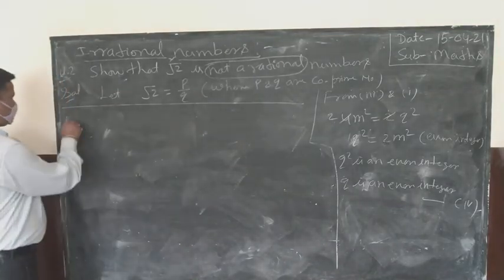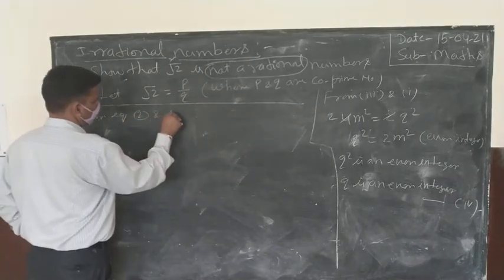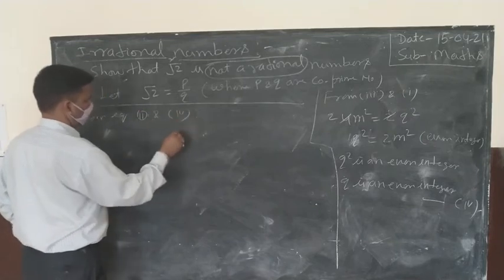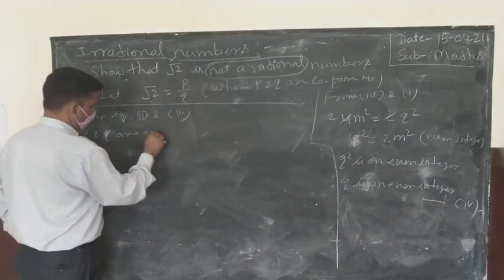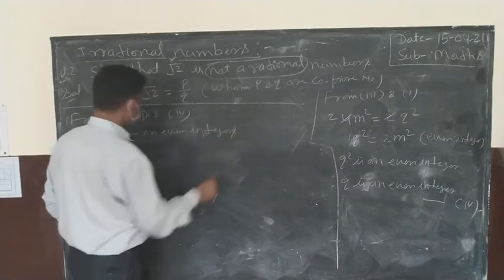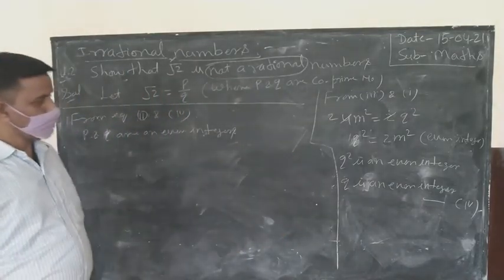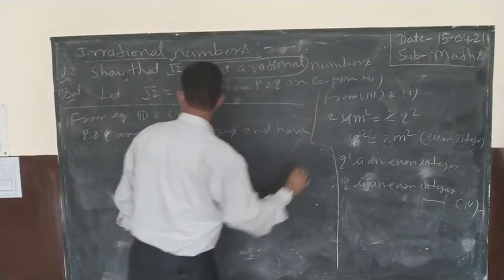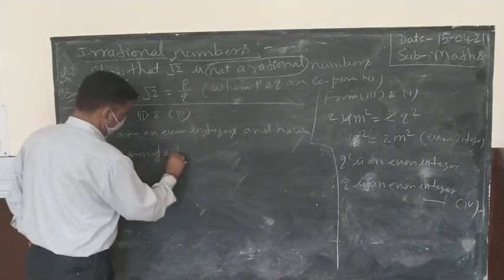From equation second and fourth, p and q are even integers and have a common factor.